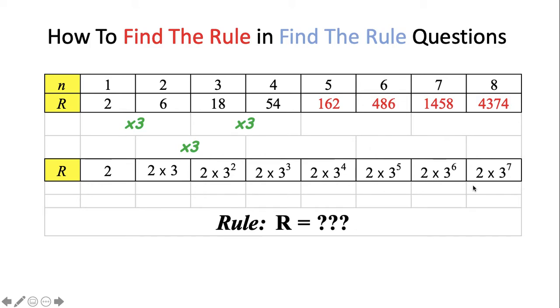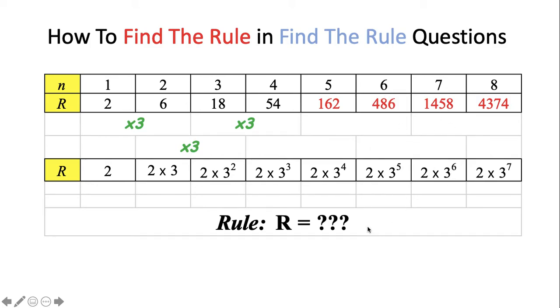And when you write them like this, they all kind of look the same. They're all 2 times 3 to the power of something, except that power of something is increasing by 1 every time, very much in the same way as the n numbers are increasing by 1 every time, except that the numbers here are 1 less than the n numbers.